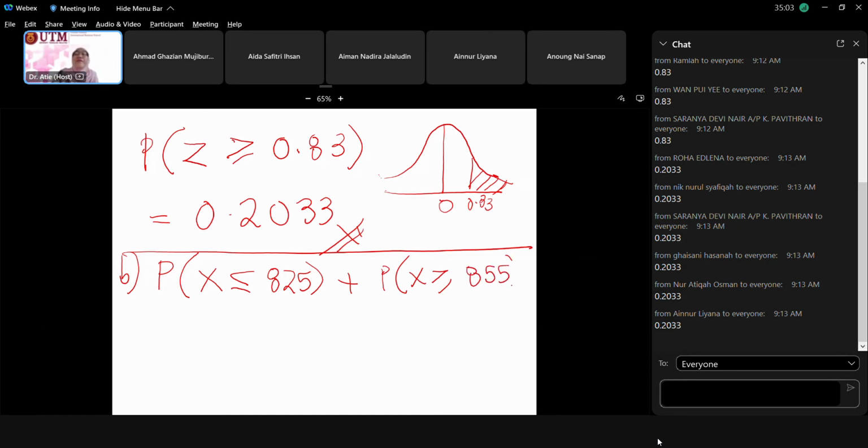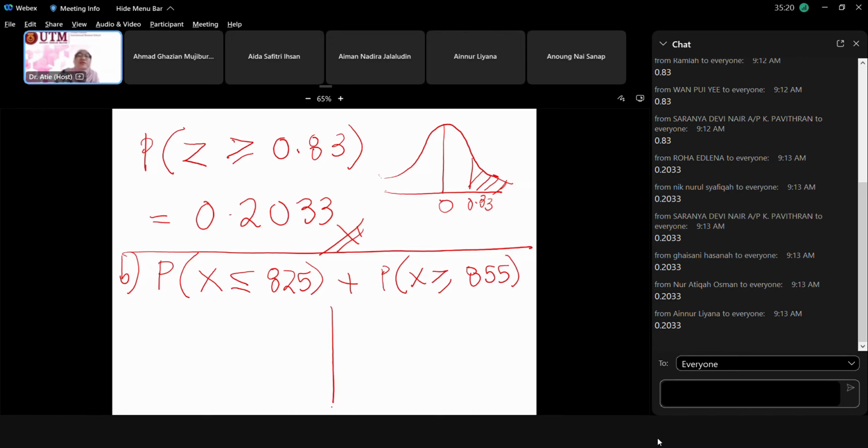If the total of this probability is greater than 0.25, then we can conclude the machine is inefficient. Before that, we need to convert x to z first.